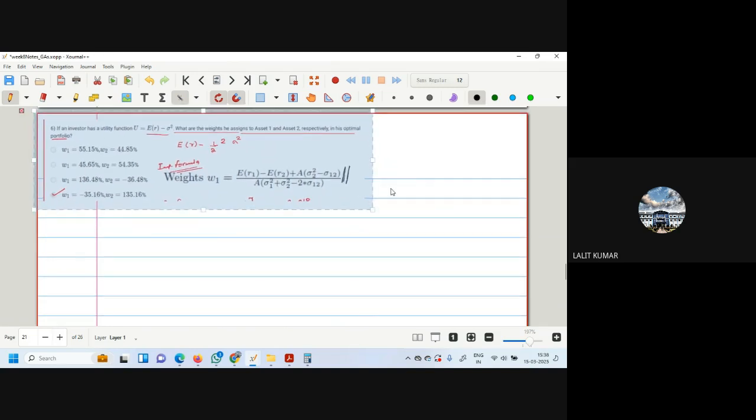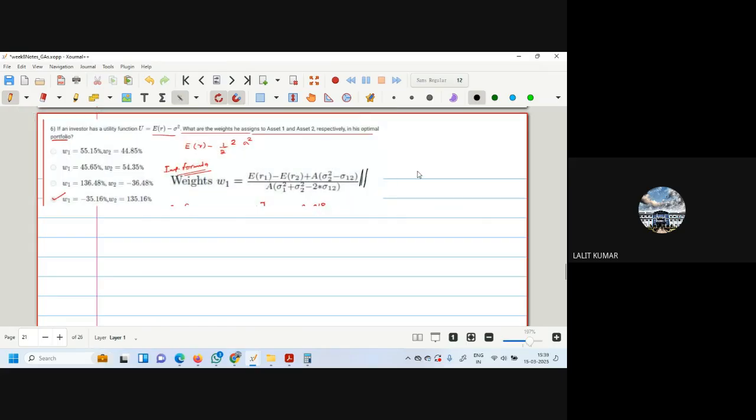So we have to find the optimal one. So U is equal to ER. ER we can write as W into ER1 plus 1 minus W into expected R2, minus sigma square.